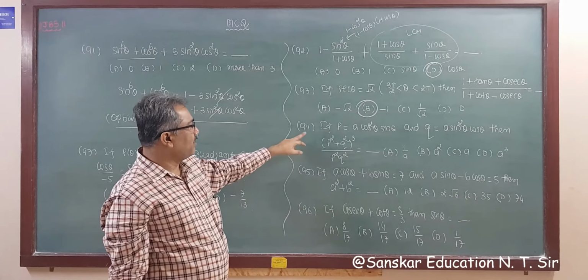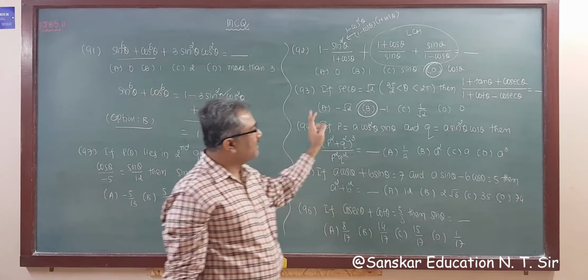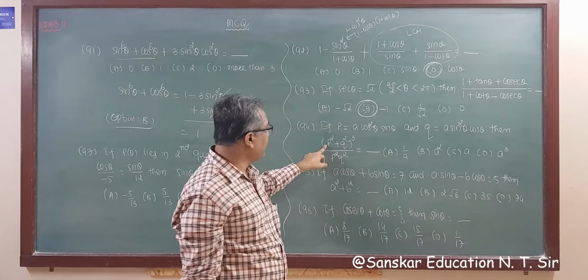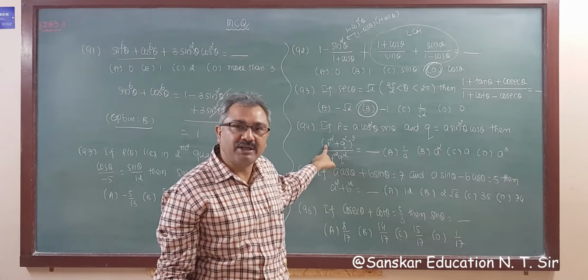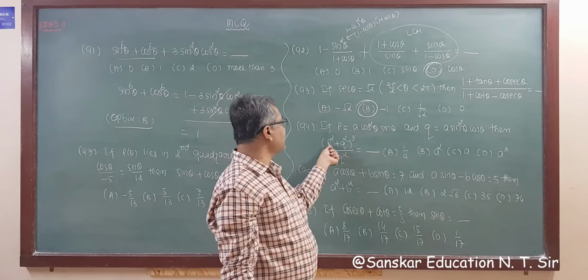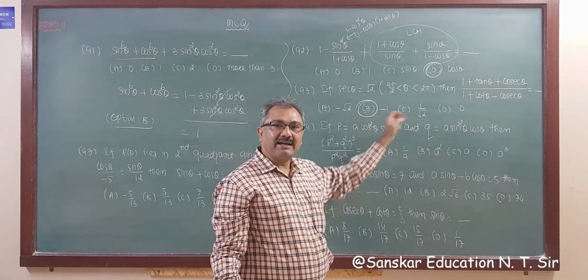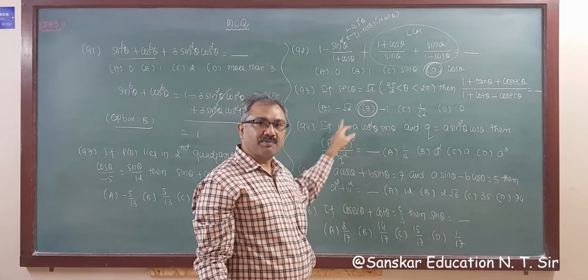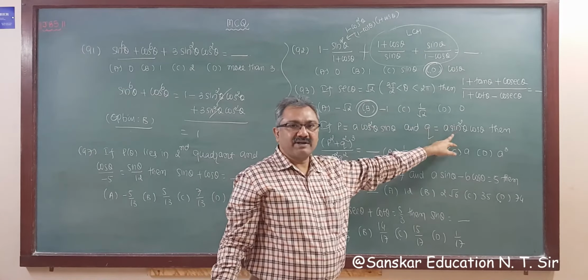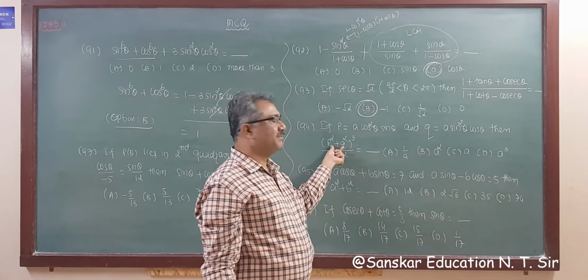Now similarly P is given, Q is given, and you have to find out the value of P square plus Q square raised to 3. How do we get the squares of P and Q? You have to add them. So squaring this and squaring this and then adding, you will get P square plus Q square.